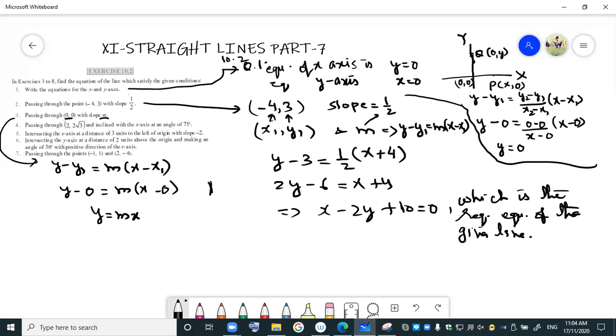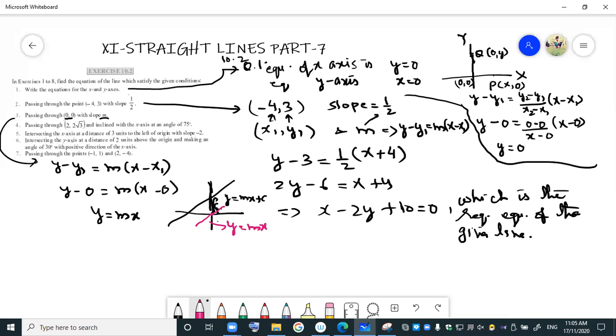We have seen that y is equal to mx plus c also: if the intercept on the y-axis is c, then the equation of the line is y is equal to mx plus c. But when the line passes through the origin, c will become 0, so in this case the equation will be y is equal to mx.